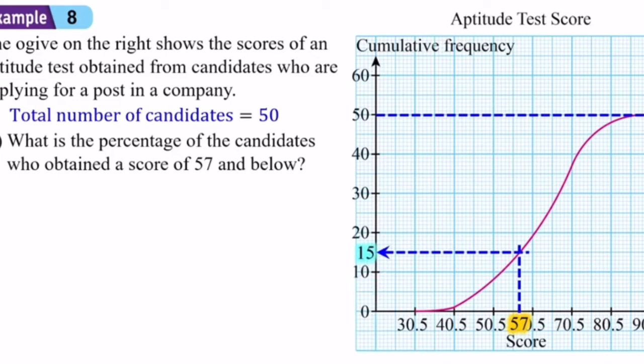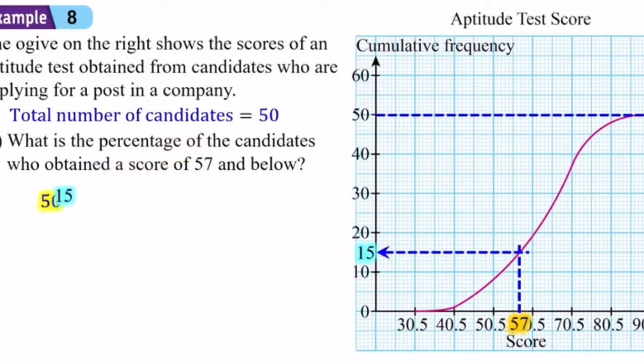Now the question is asking for the percentile. So the total number of candidates is 50. In order to find the percentile, we always take the number of candidates who obtain a score of 57 and below, which is 15.